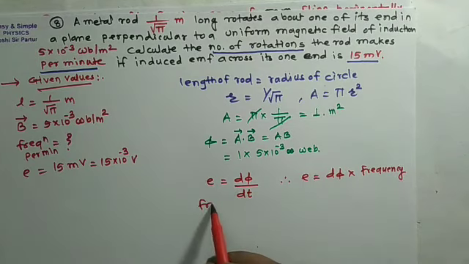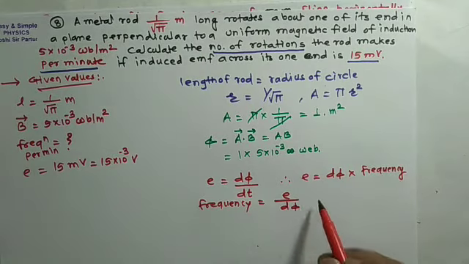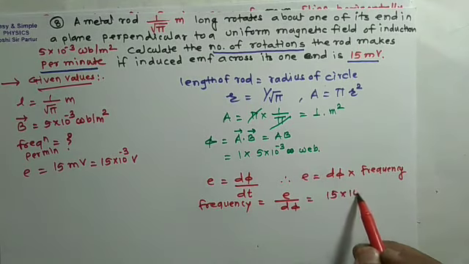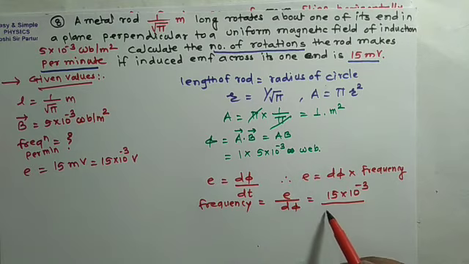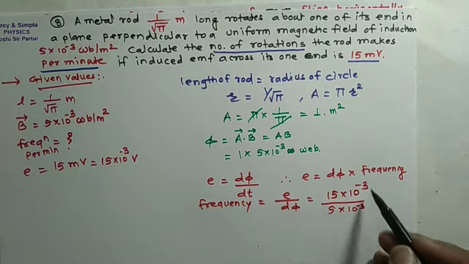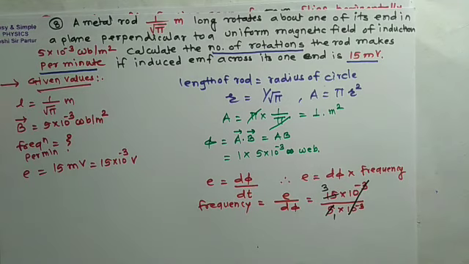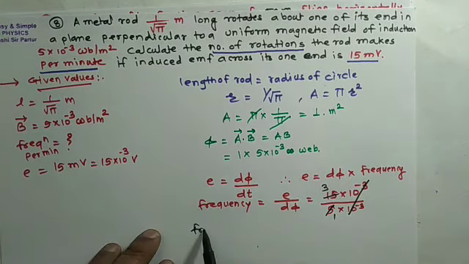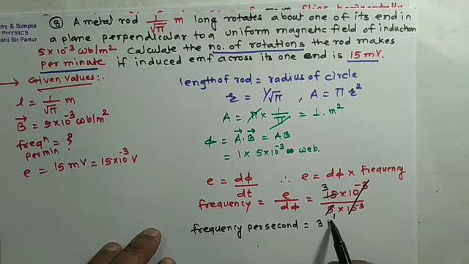So the frequency is E upon d phi, which is 15 into 10 to the power minus 3 upon 5 into 10 to the power minus 3. 10 to the power minus 3 gets cancelled, and 15 upon 5 is 3. So the frequency per second will be 3 hertz.